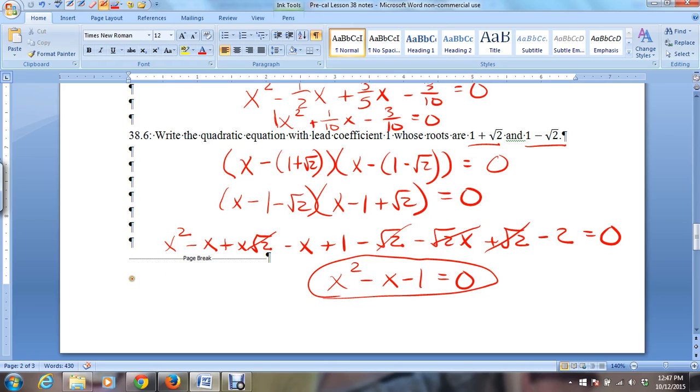You would say negative b plus or minus the square root of b squared minus 4ac all over 2a. So that would give you 1/2 plus or minus square root of, that's 1 plus 4, so square root of 5 over 2. Wait a minute, I did something wrong.